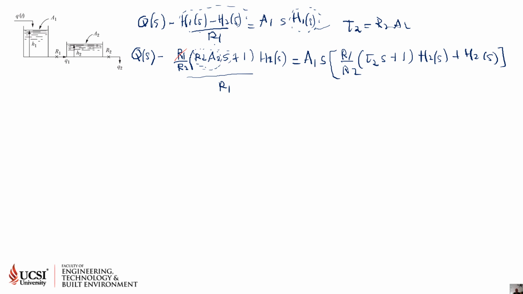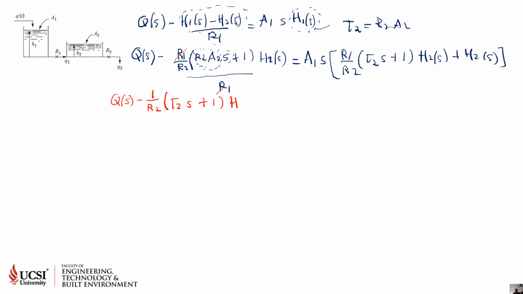So I can cancel this, I can cancel this. So I can write this equation as Qs minus 1 over R2. I just simplified this because we already defined tau 2 earlier as R2 multiplied by A2. So R2 multiplied by A2 is tau 2 s plus 1.